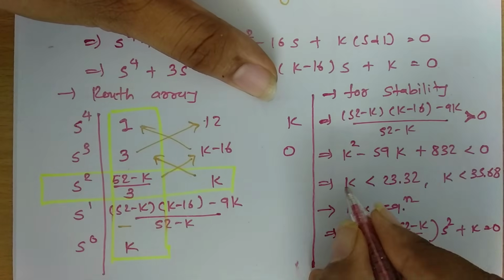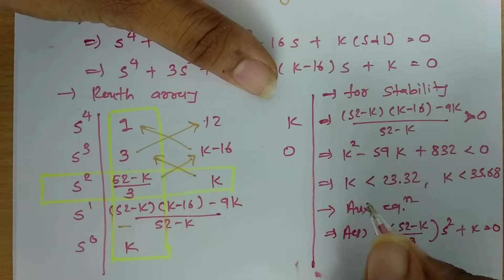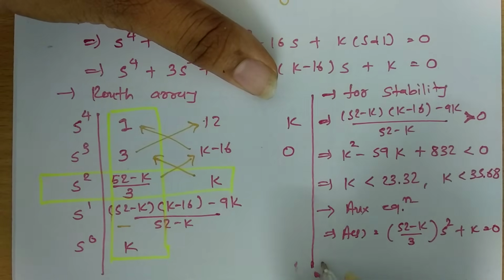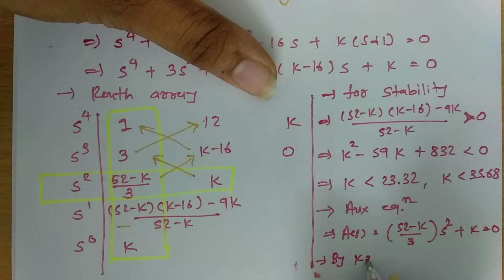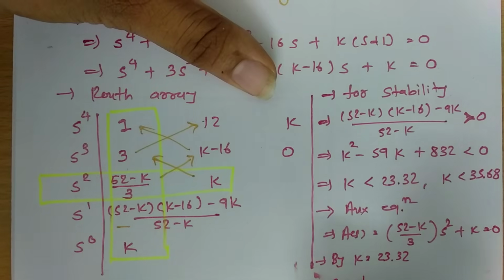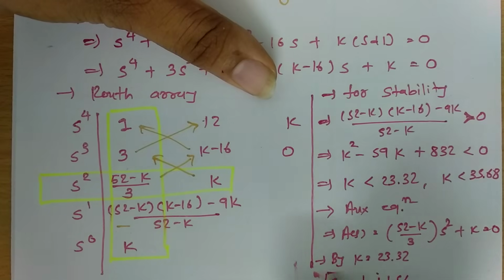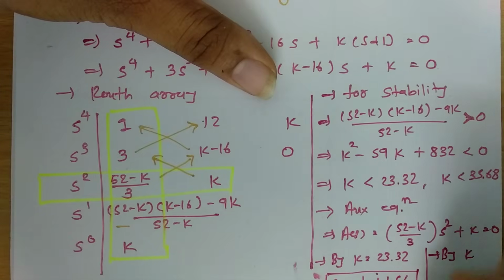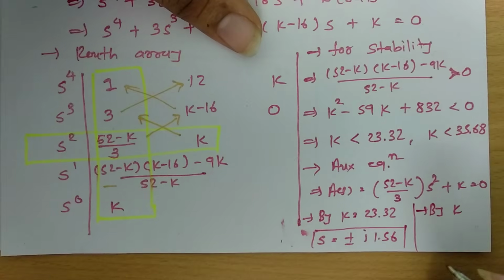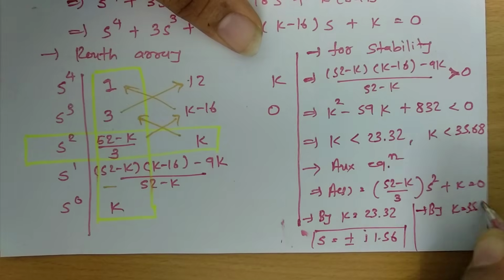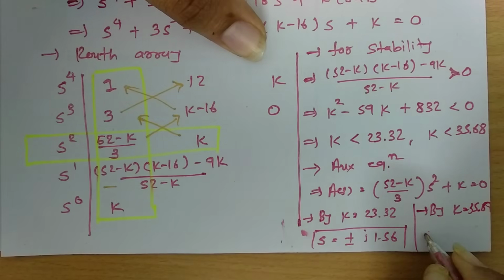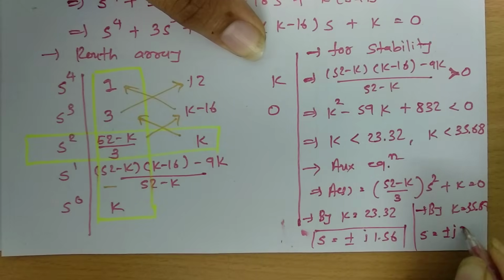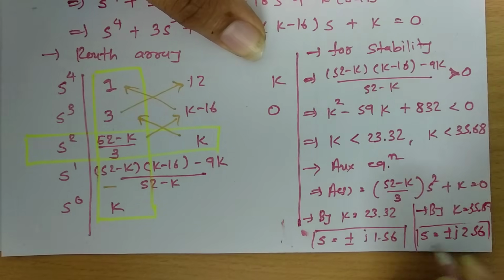Now in this, if I place k equals 23.32, I'll have s equals plus or minus j 1.56, and by placing k equals 35.68, I'll have s equals plus or minus j 2.56.